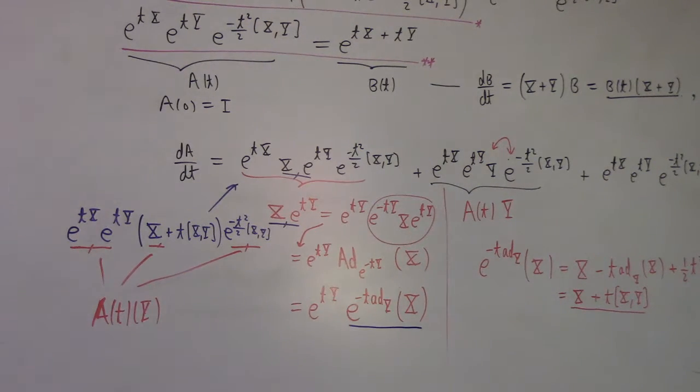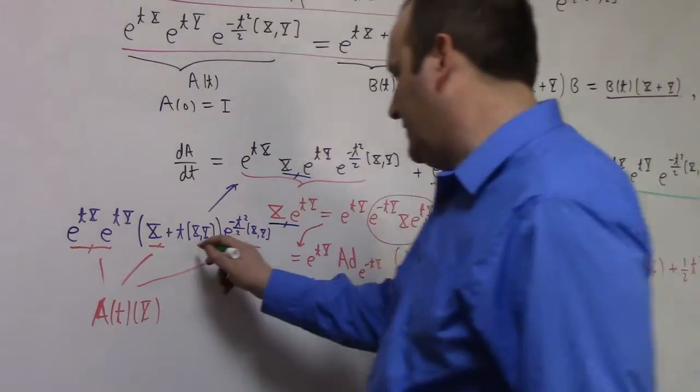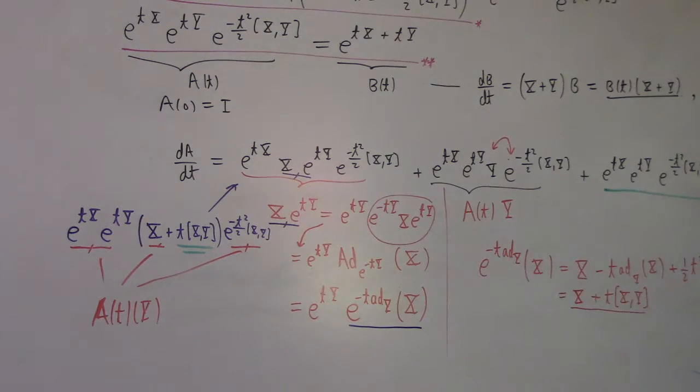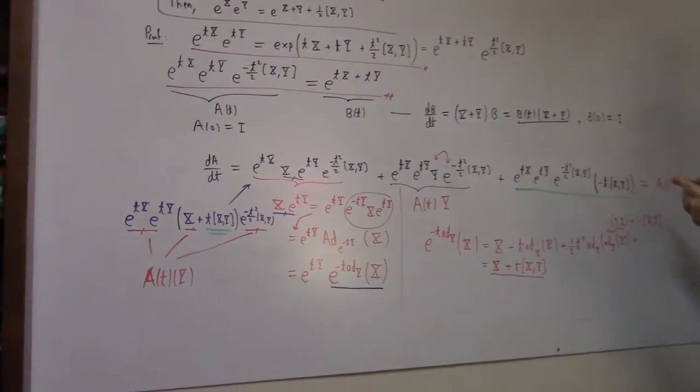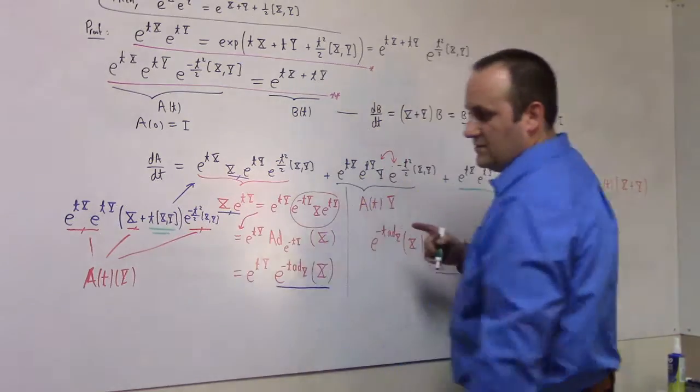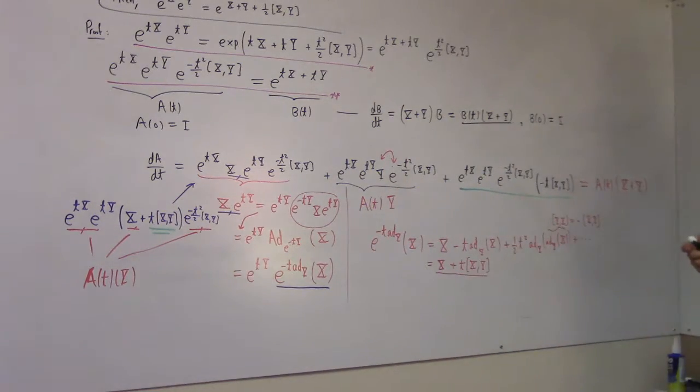This one and this one somehow cancel. Oh, well, duh, they cancel. Look, it's e to the tx, e to the ty, commutator. The point is, these commute. The fact that the commutator is second and it's first over here is immaterial. These commute, so yeah, the green terms cancel, and you're just left with that.